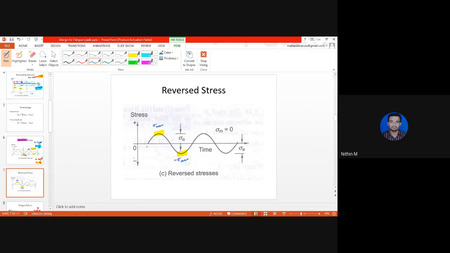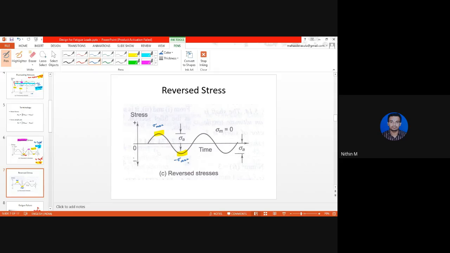Since the curve is extending towards the top of the x-axis as well as towards the bottom of the x-axis at the same amplitudes, the maximum stress induced is equal in magnitude to the minimum stress induced, but only different in direction. So the maximum stress value is positive, the minimum stress value is negative.